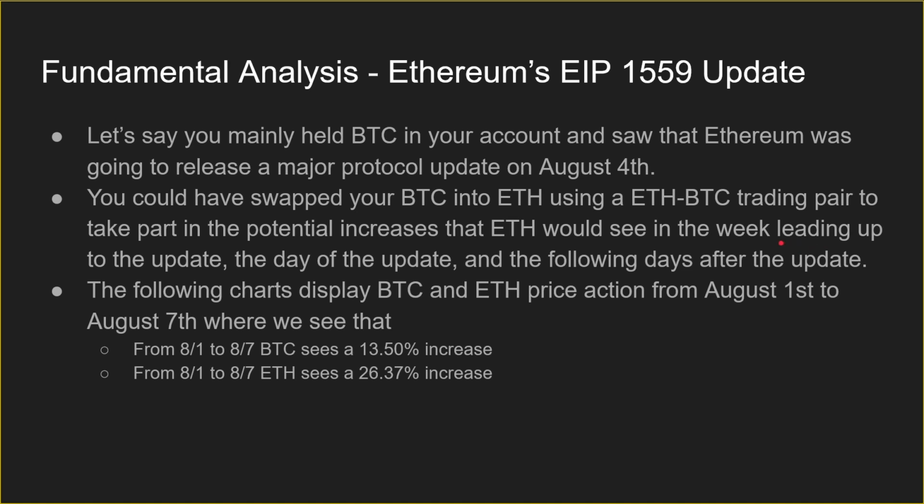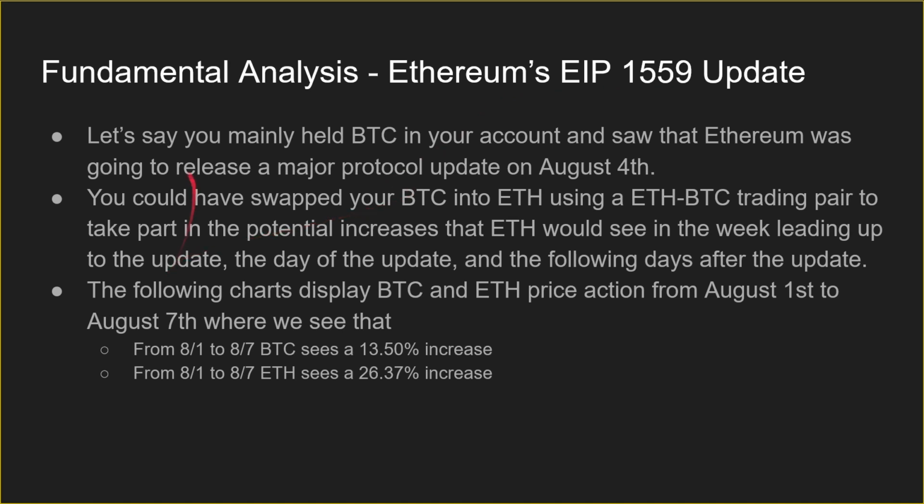During this time, we knew that there was a major protocol update, EIP 1559, highly controversial, mainstream news. Even CNBC and Yahoo Finance were talking about it. It was headlines, it was on Forbes. People were talking about Ethereum. A lot of hype around this update.